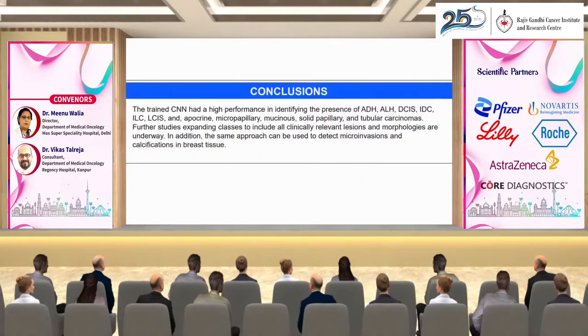To conclude, they said that the trained CNN has high performance in identifying the presence of ADH, ALH, DCIS, IDC, ILC, LCIS, and the subtyping of apocrine, micropapillary, mucinous, solid papillary, and tubular carcinoma. They have expressed the hope that this can be used to detect microinvasions and calcification in breast tissue using the same approach.